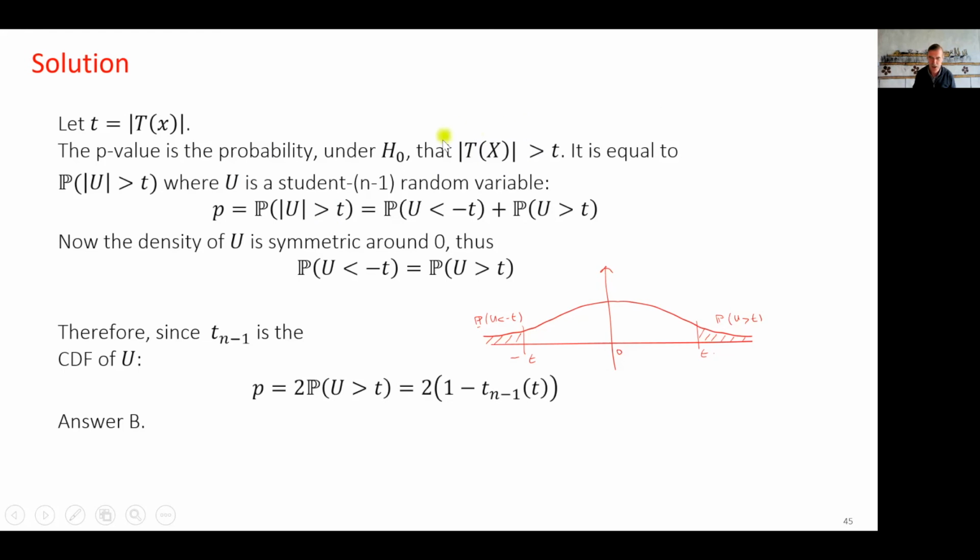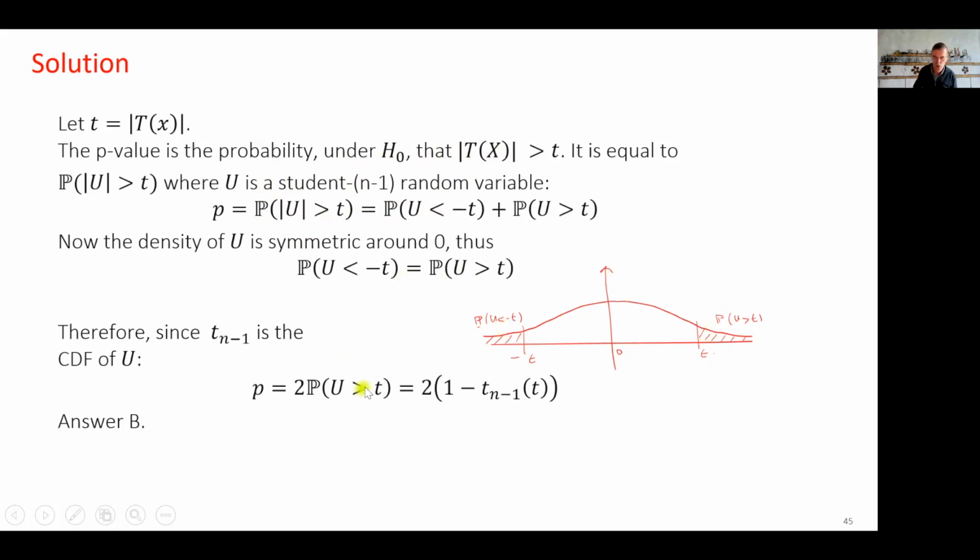Now, because capital T of X is a student distribution with parameter n minus 1, that's a pivot, which is approximately a Gaussian, but if we want to be very accurate, which most of the time we don't, we'll say student instead of Gaussian. Then that's the probability that the absolute value of something is larger than t, but because it's symmetric, it is the sum of the two tail probabilities here.